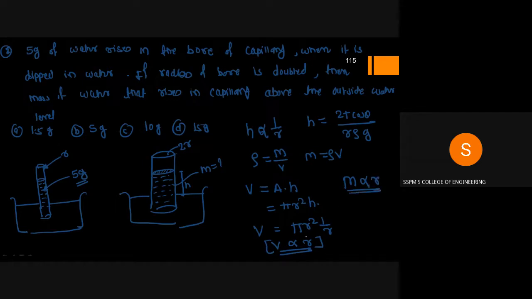As volume is proportional to r, mass will be directly proportional to r. So the ratio m2 upon m1, where m1 is the first case and m2 the second, is equal to r2 upon r1. So r2 is double of r1, so this ratio is 2. So m2 is equal to 2 m1.